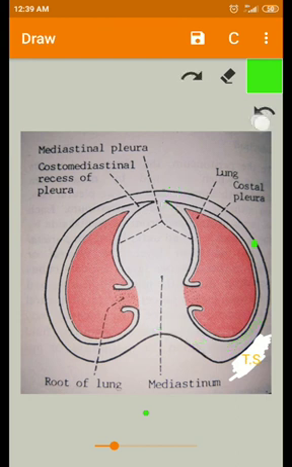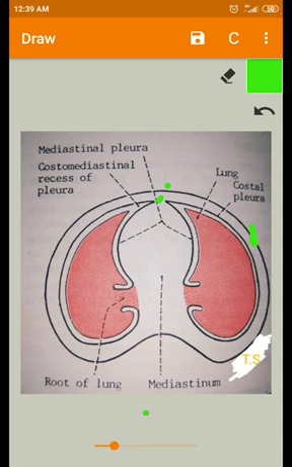And the lymphatics drain into intercostal and internal mammary nodes. The internal mammary nodes are present from the second to fourth intercostal spaces.